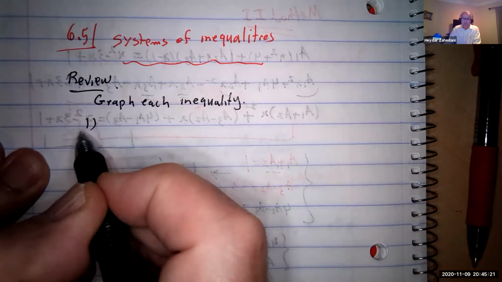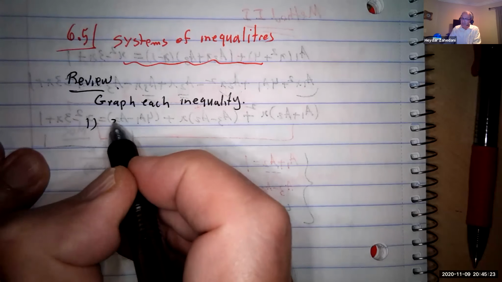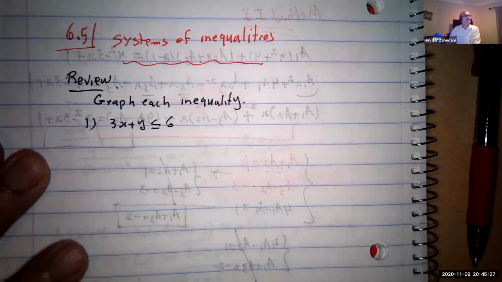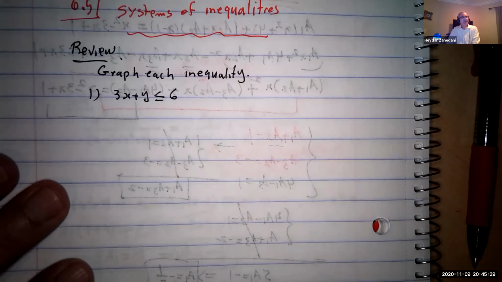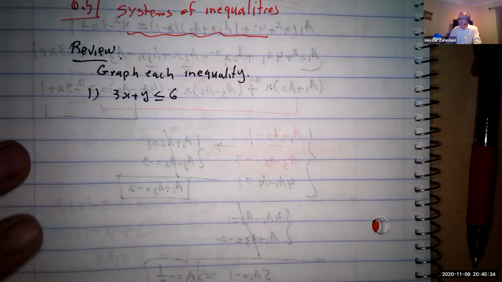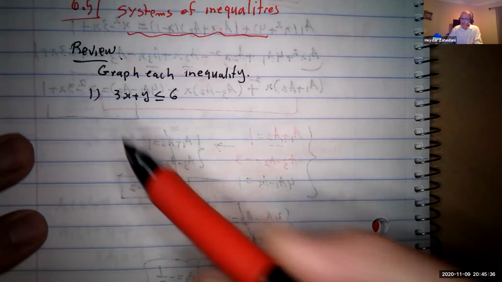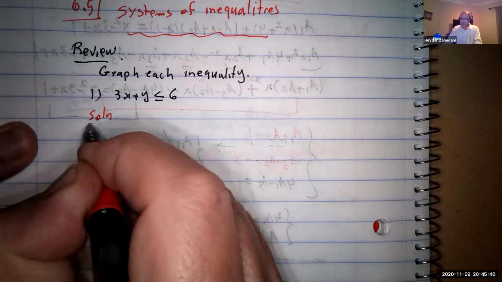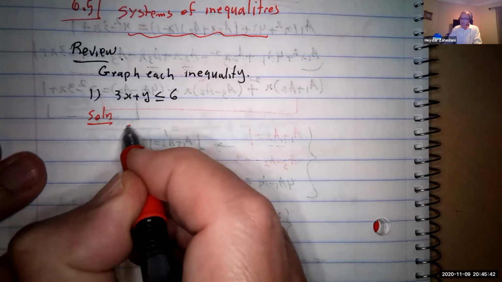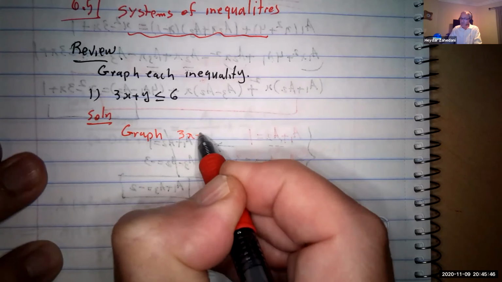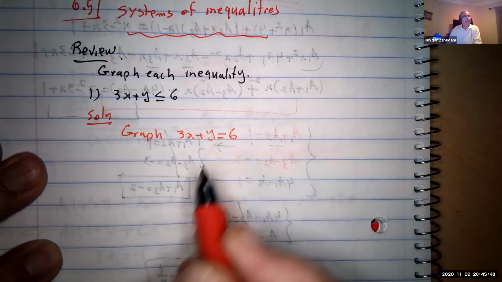Okay, for example, if you want to graph this one, let's say 3x plus y less than or equal to 6. You want to know what's going to be the graph of this inequality. So what we do is we usually graph the equation first, or equality. So we graph this one first, 3x plus y equals 6.